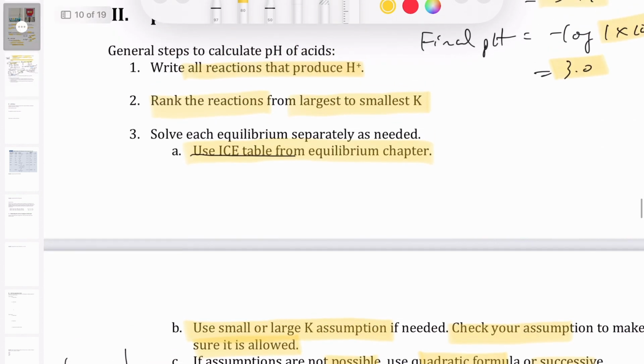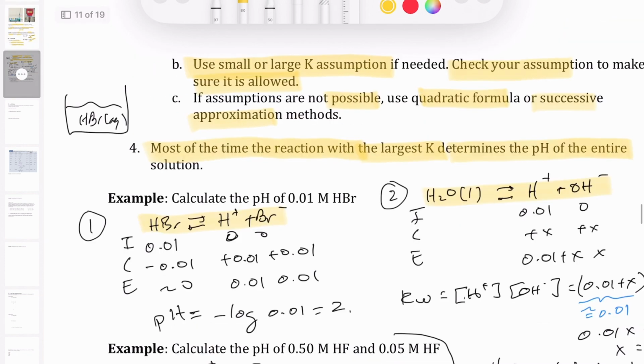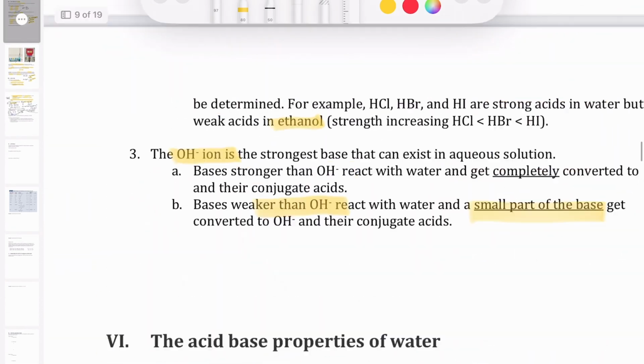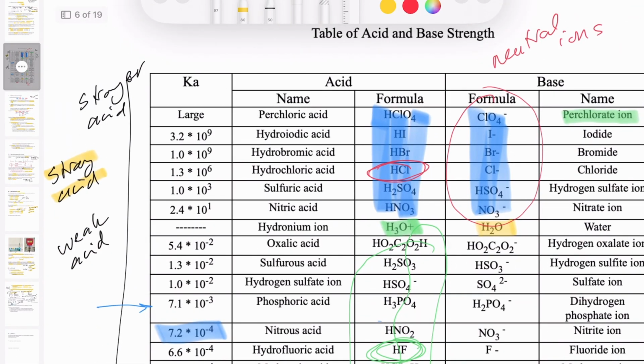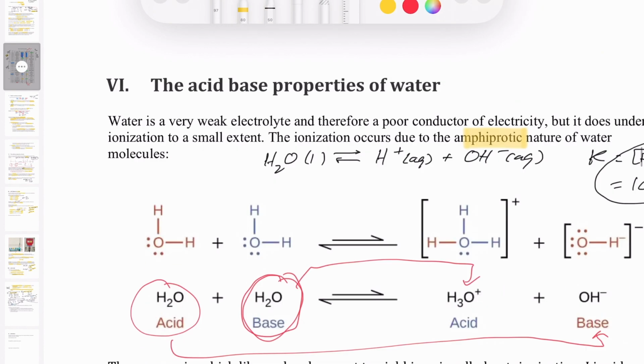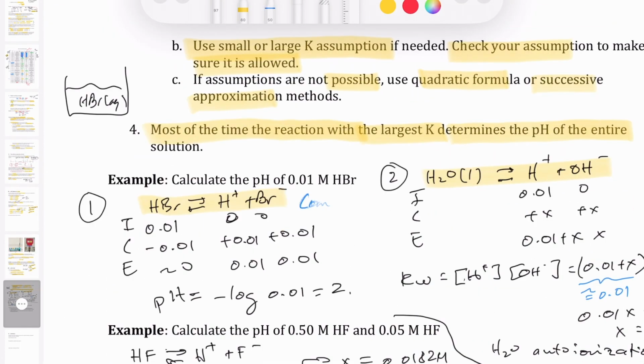Then the second step is to rank the reactions. We have to determine, based on K value, we know from the Ka table that HBr is a strong acid. So it's one of the ones at the top there that's marked in blue. So HBr has a K of 10 to the 9. But anything above there that's marked in blue means that it's going to go to completion. So in this case, we would say completion for HBr.